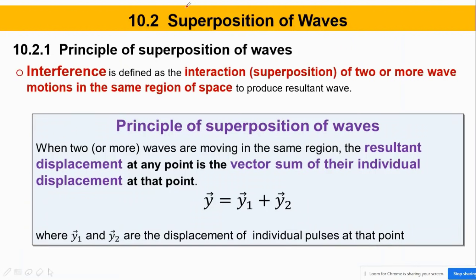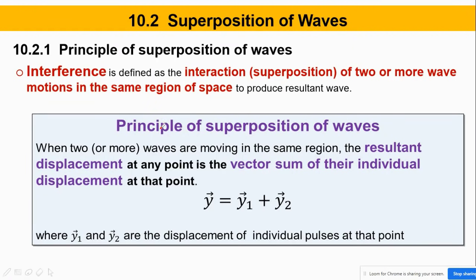Now, we have our next subtopic 10.2, superposition of waves. And we have the principle of superposition of waves. So first, we have the interference. It's defined as an interaction or superposition of 2 or more wave motions in the same region of space to produce a resultant wave.